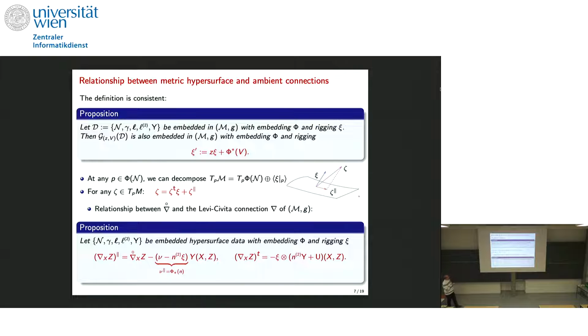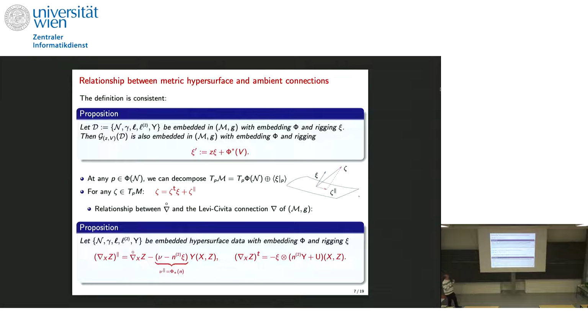It tells you precisely what this nabla zero is. If you take the covariant derivative of two vectors along n, x and z, which are tangential to the hypersurface, and take the derivative of one along the other, this does not preserve the property of being tangential, so in general it will have a transverse part.